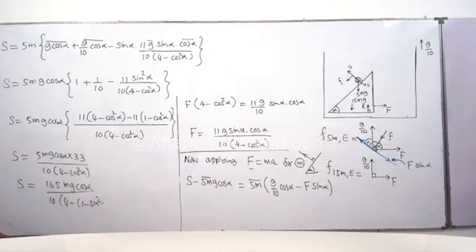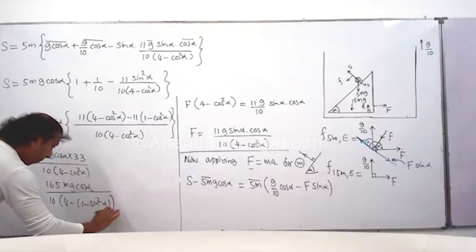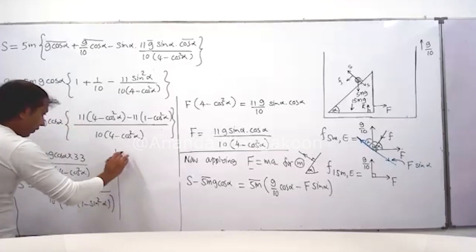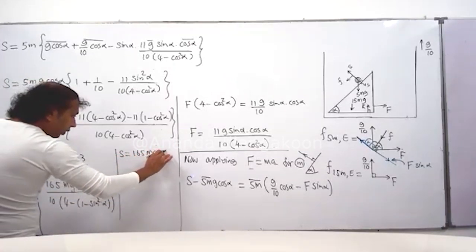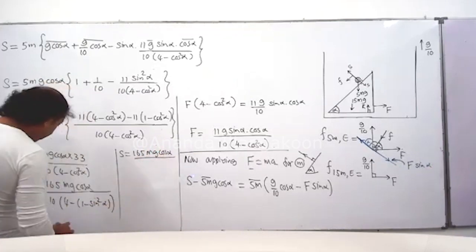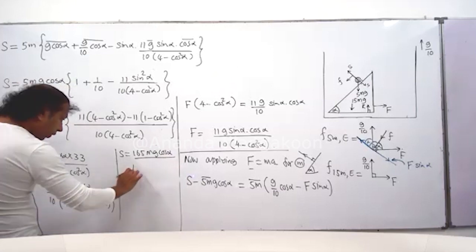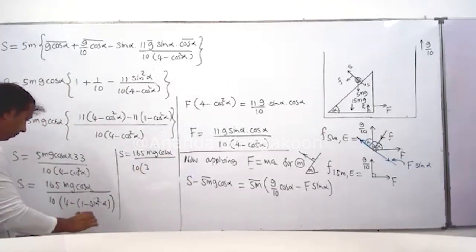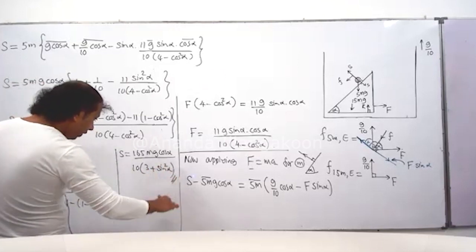It is asked in terms of sin, so in the denominator 1 minus sin squared alpha. Then we can write S as 165mg cos alpha divided by 10 times, in the bracket, 4 minus 1 means 3, minus and minus makes plus, sin squared alpha. This way we can take the term.